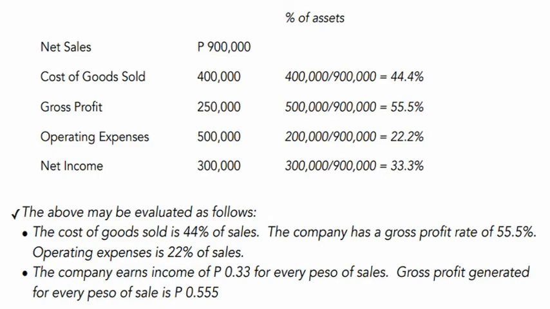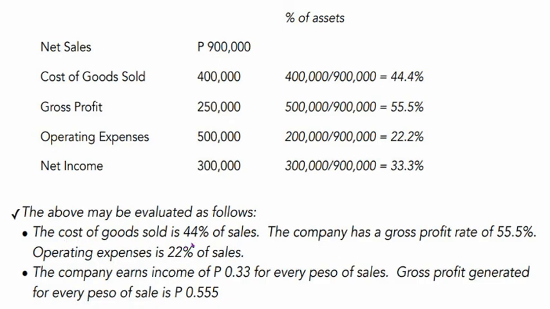And the profit generated for every peso of sale is 0.55, or ito, yung percentage converted into decimal places. So, with this analysis, di ba, as investor or as finance manager, makakapag-decide ka na.